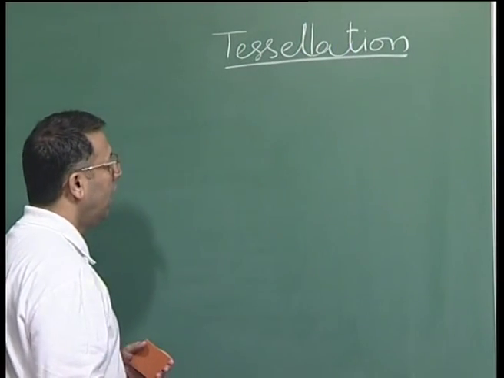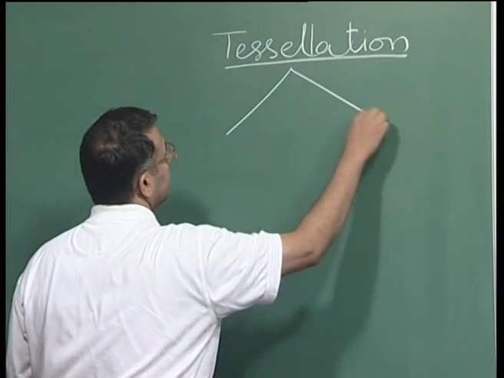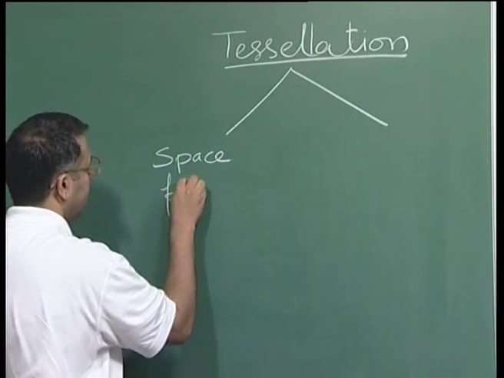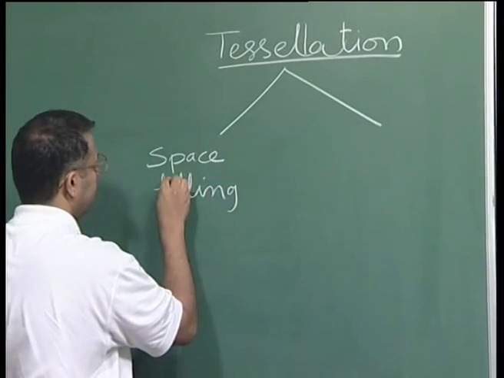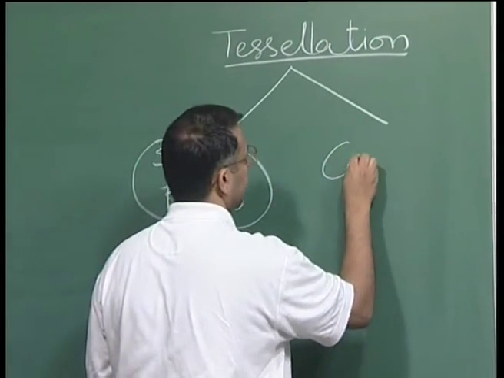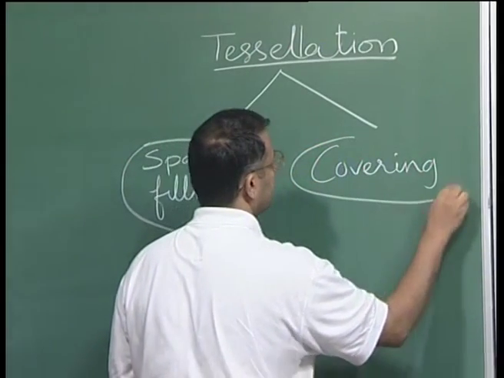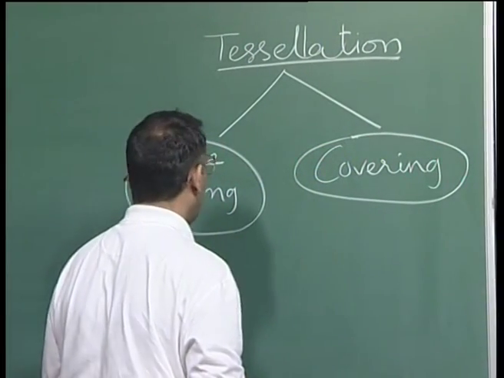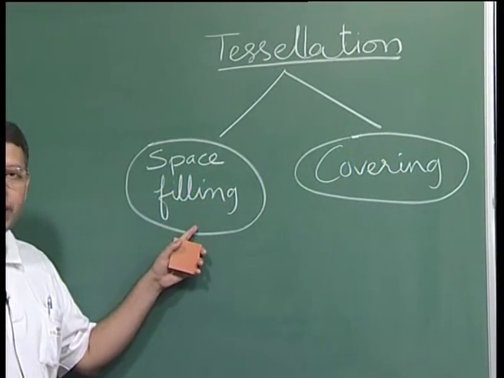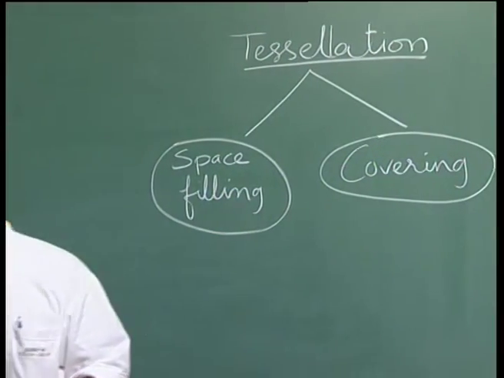Now, tessellations can be of 2 types: space filling and covering. In the space filling type, no overlap is allowed, but gaps in space are allowed. To give an example, I have a model here.